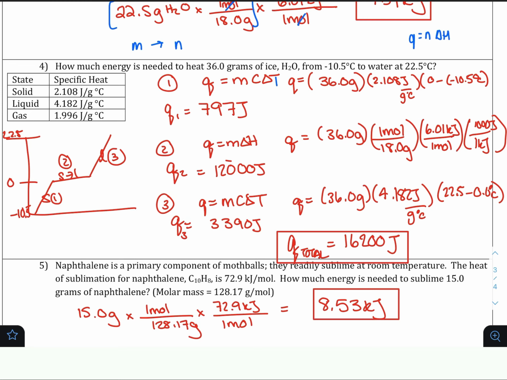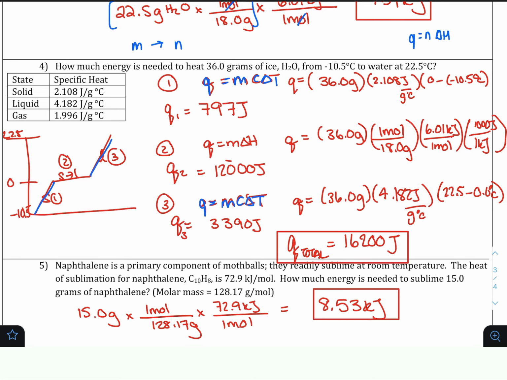So here we have a change in temperature, so we're going to use Q equals mC delta T. Same thing here with our just liquid heating, we're going to use Q equals mC delta T. It is only when we do not have a change in temperature that we're going to use our Q equals n delta H.